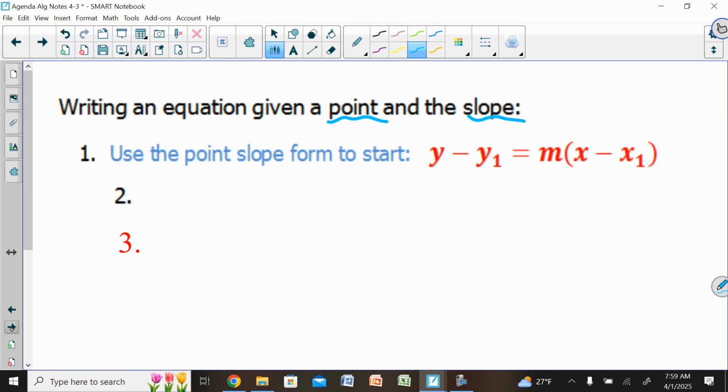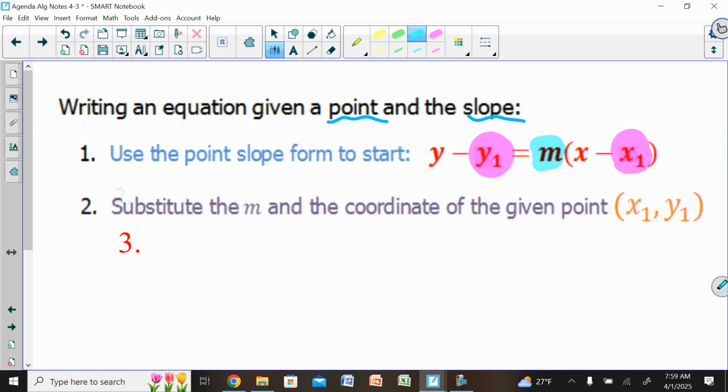We know that we're given a point and given the slope, or we have to find it. Step 2 is to substitute in the m, so replace the m with an actual number, might be a fraction, that's okay. We like fractions better for graphing anyway. And then plug in the x1 and the y1.